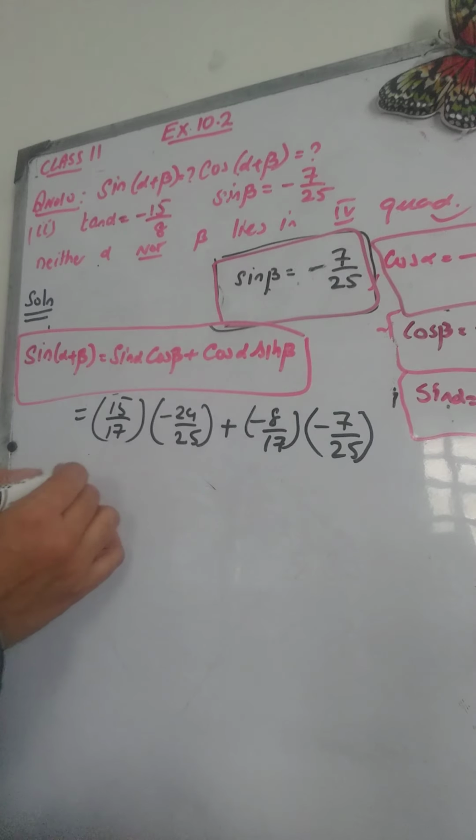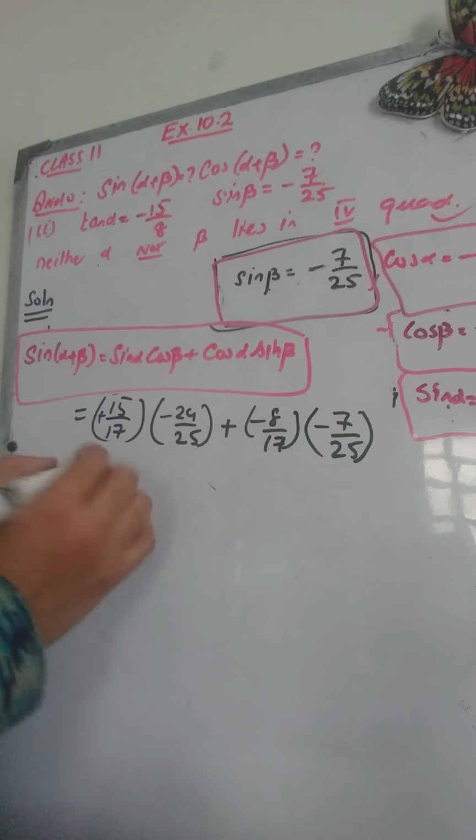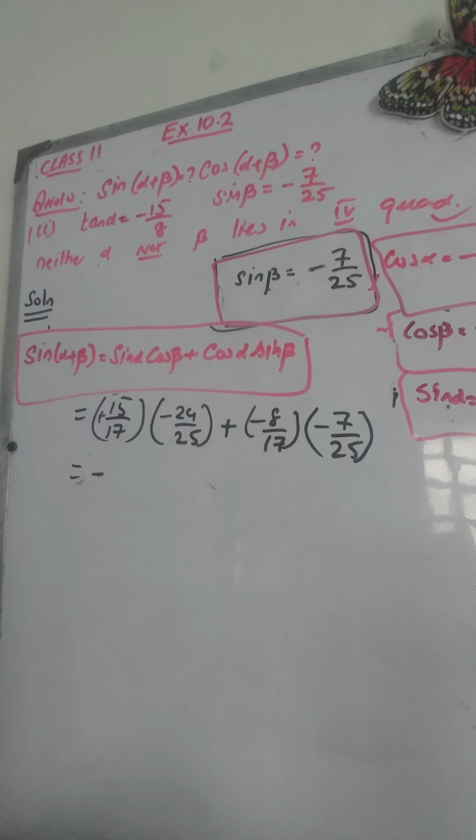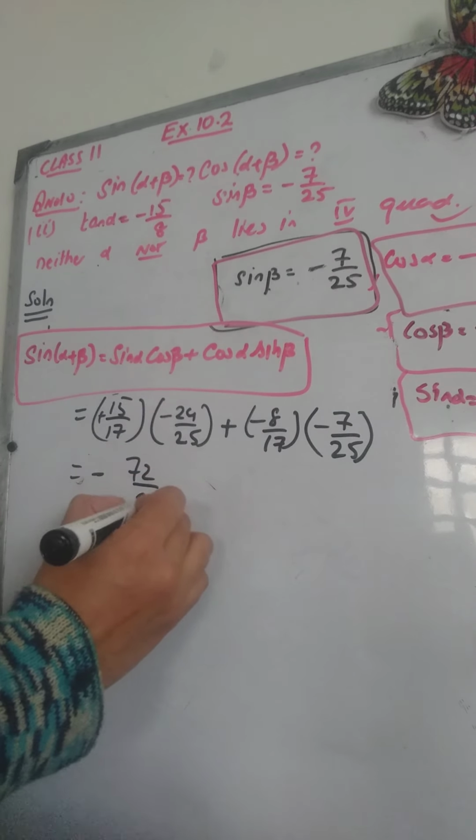Now I'm going to multiply this. As we have a positive quantity and a negative quantity, this will be a negative quantity. 15 by 17 into 24 by 25 is equal to 72 over 85.